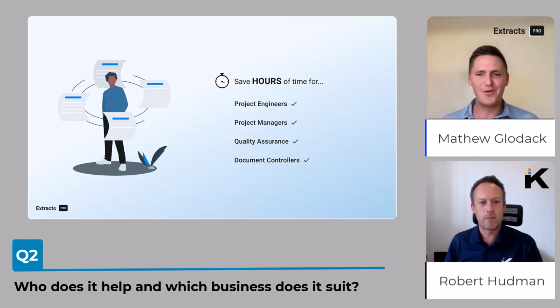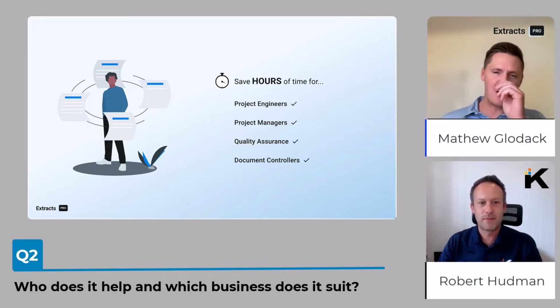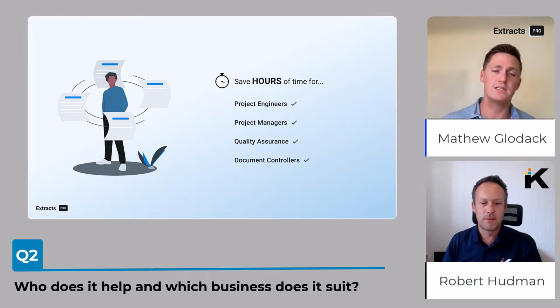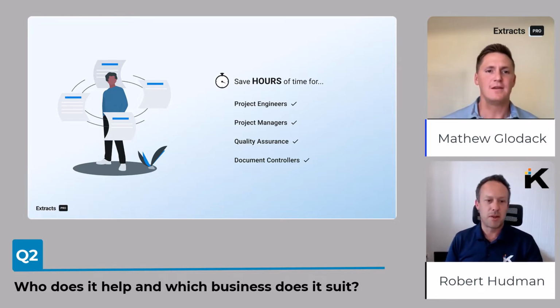Procore being a global construction management software firm, every Procore customer has this problem, and we see success across all segments: subcontractors, general contractors, and the owner's side. The roles performing the exports a lot are project engineers, project managers, anyone on the quality assurance side, or document controllers, because this data is an asset they either have to record or share with a third party. So there are a few different roles inside the business that it could suit.